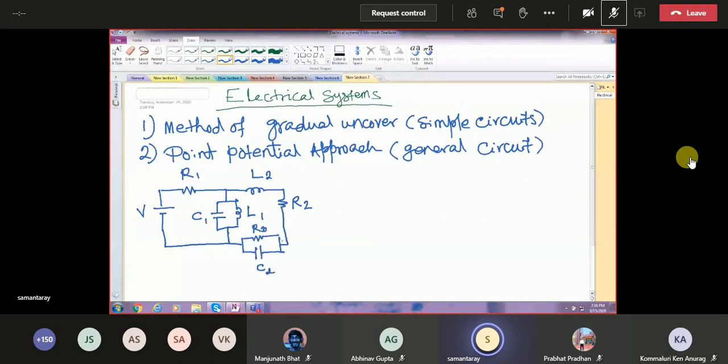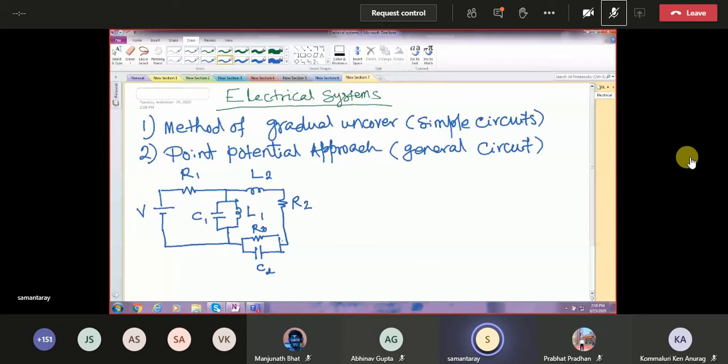So what we will do is first we will break this circuit into simpler circuits. Like we will mark some part of the circuit as some large impedance.